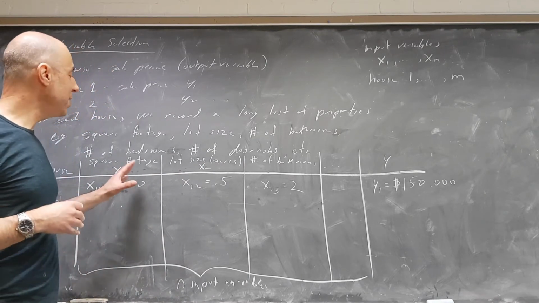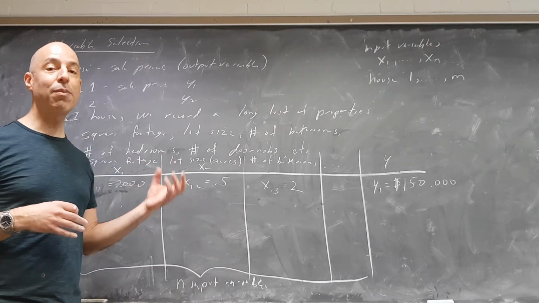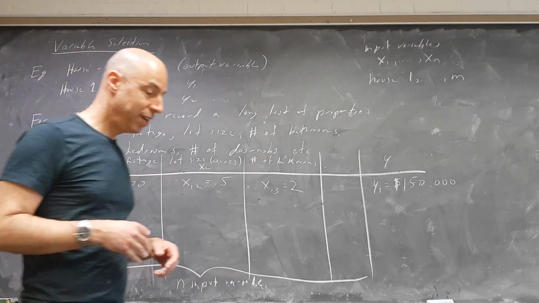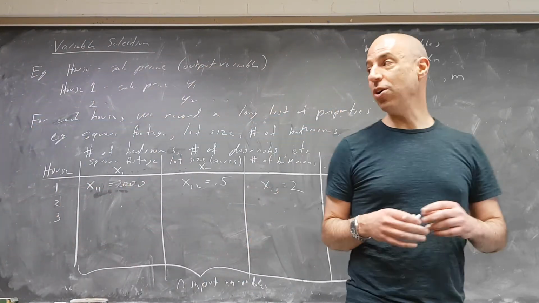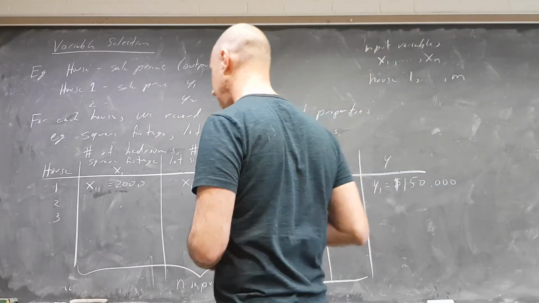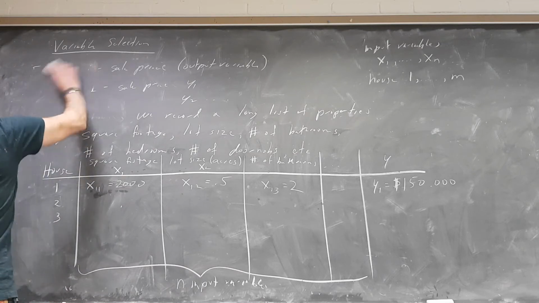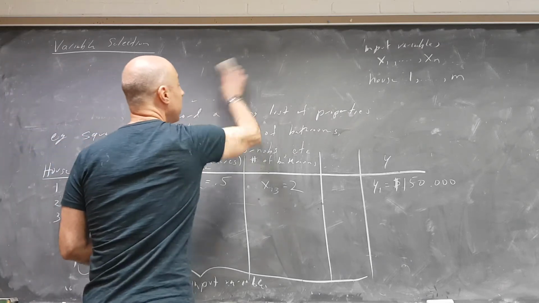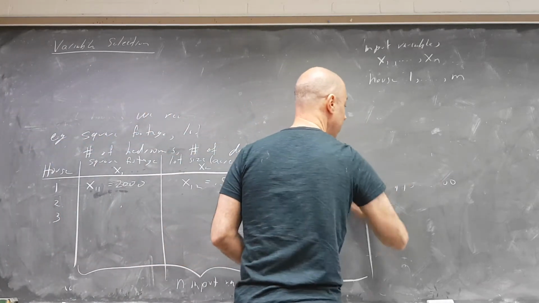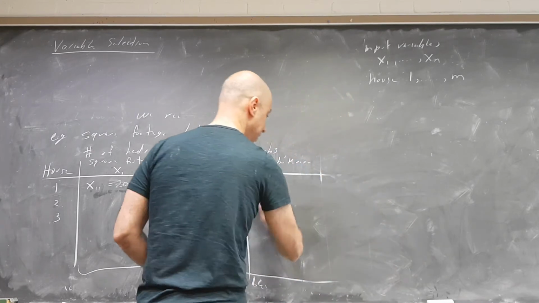So some of these variables are going to be important. Some of the variables are going to be less important. And what we want to do, so the main problem, and I see I'm kind of running out of board space, so hopefully you have this all in your notes, is this.